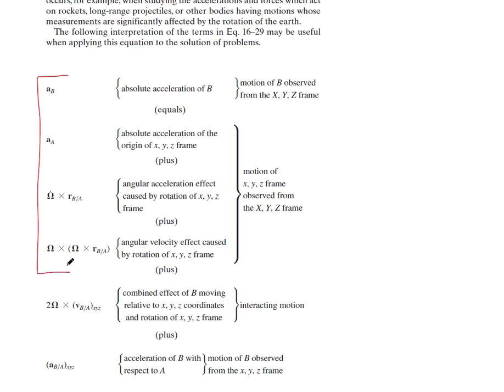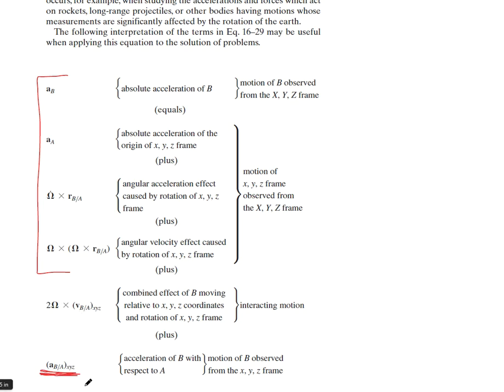So again, just the first three terms are something that we saw before. This would be the absolute acceleration of a point that coincides with B but does not move. And if the point moves, if we have velocity and acceleration, and yeah, acceleration might be zero, velocity could be constant.